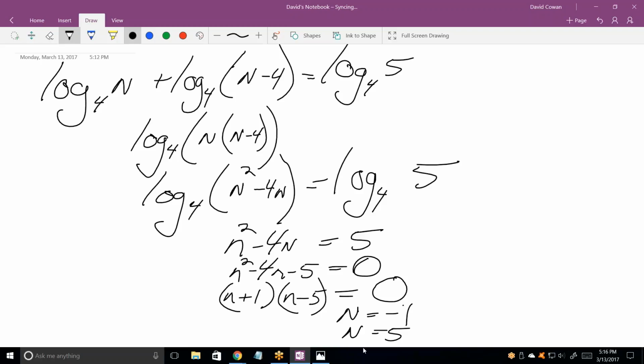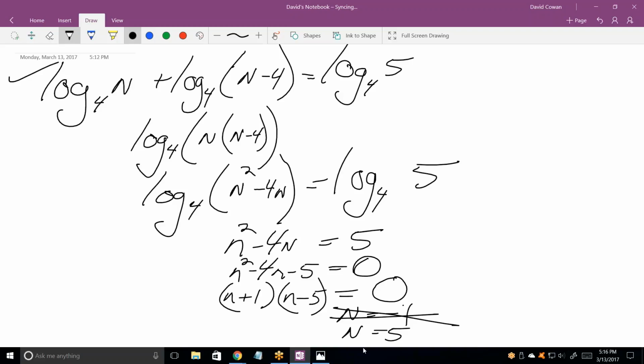Correct. However, if we go back to the original function, can n be minus 1? No, it cannot. That gets crossed out. That's no longer one of the solutions. The only solution we have is n equals 5. And n equals 5 does not violate the domain.